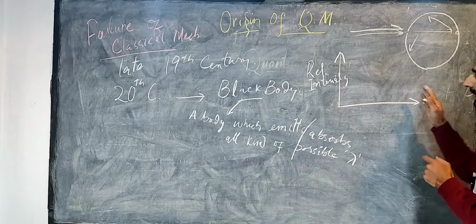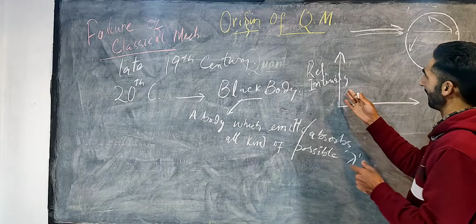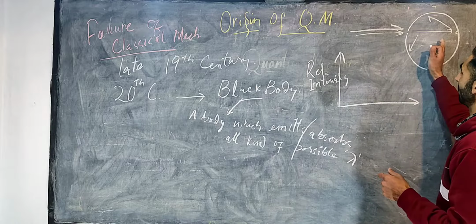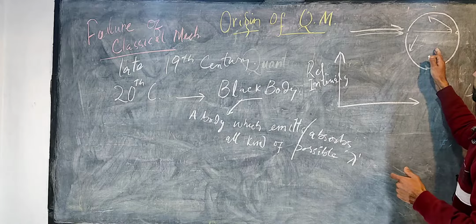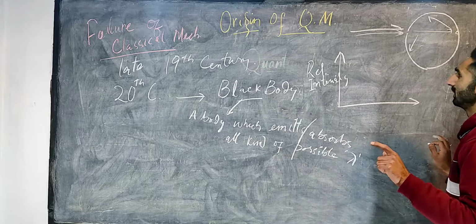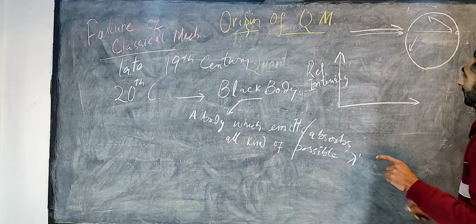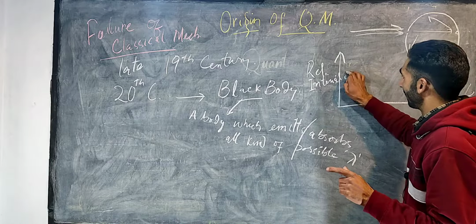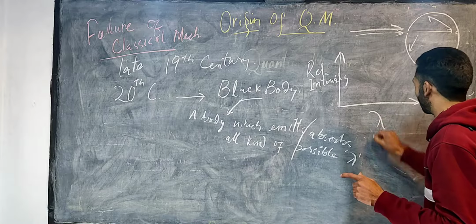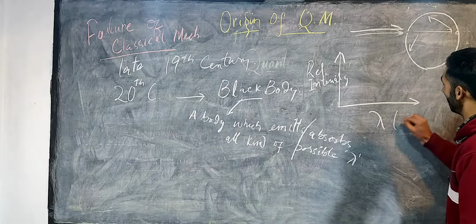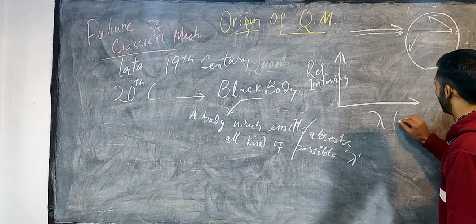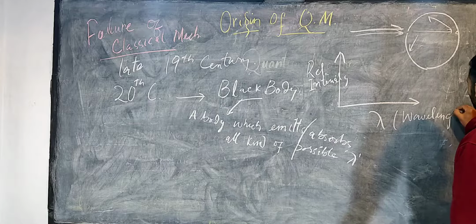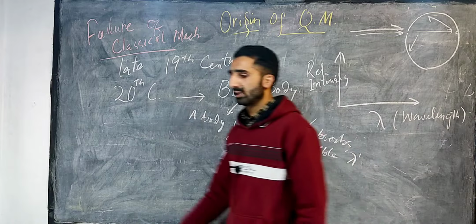So this is a kind of ideal black body. They studied bodies like these, and a graph was drawn between the relative intensity radiated by the black body and the respective wavelengths of those photons. This is lambda, the wavelength of those emitted radiations.